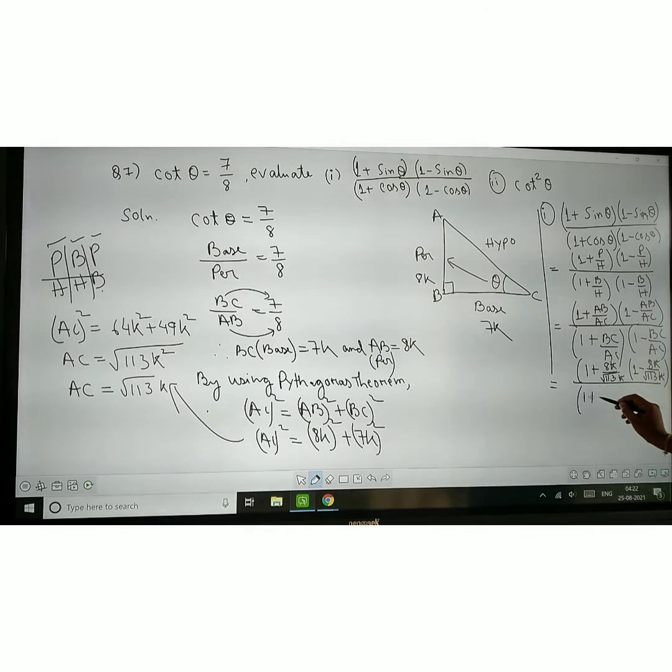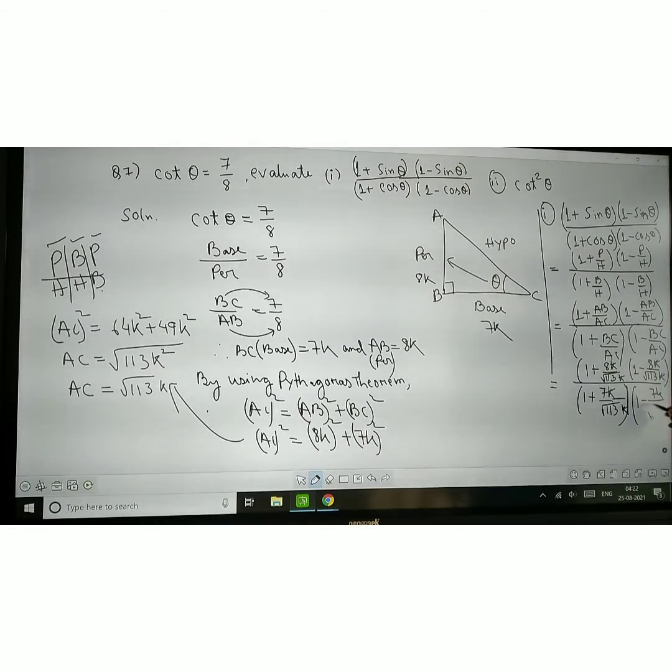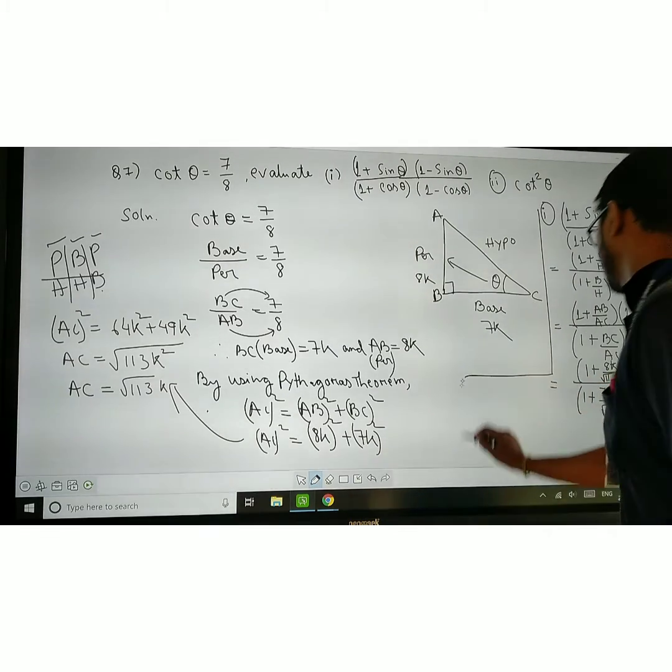Next line, 1 plus BC. What is BC? BC is 7K by hypotenuse, same root 113K. K and K you can cancel it out. Next, 1 minus the same thing, 7K by root 113K. K and K you can cancel it out. Next line.